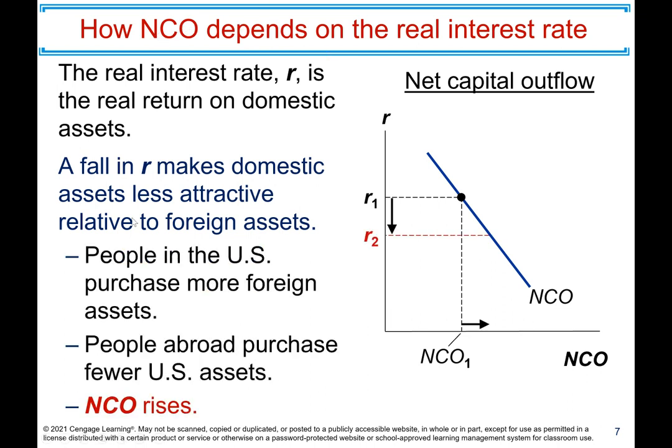A fall in R from R1 to R2 makes domestic assets less attractive relative to foreign assets. People in the US purchase more foreign assets. People abroad purchase fewer US assets. Therefore, NCO rises from NCO1 to NCO2.